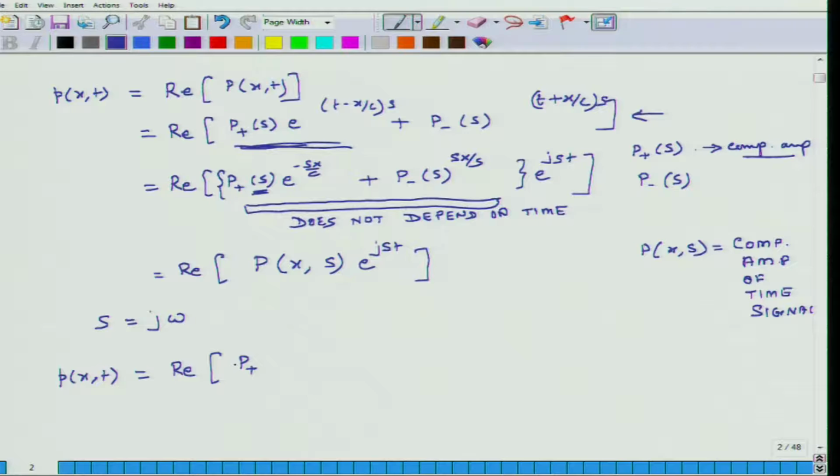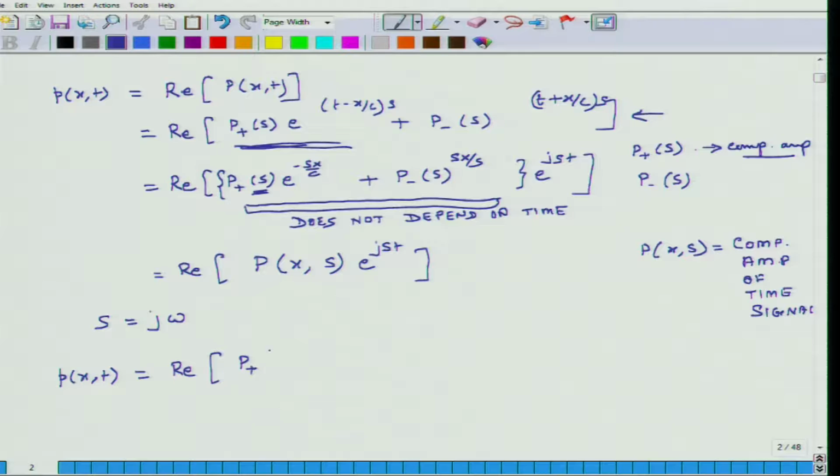We are just going to omit this s term wherever it comes along with p plus, but we should always realize once again that p plus can vary with respect to frequency. So then it is real of p plus e to the power of minus j omega x over c plus p minus e to the j omega x over c, I can put these in brackets, and e to the j omega t.